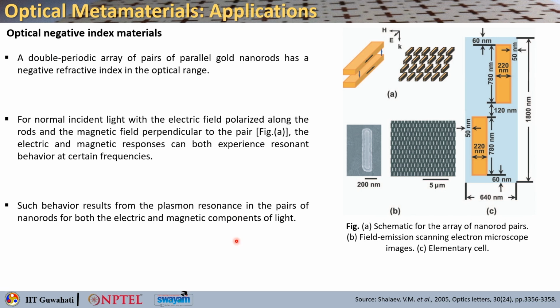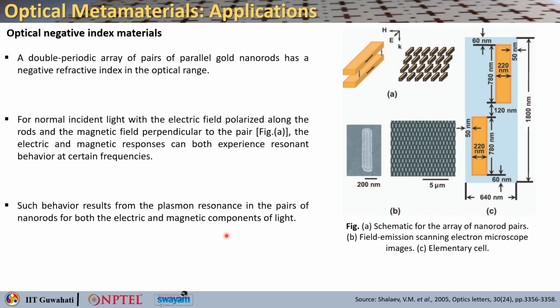Such behavior of having electric and magnetic resonances results from plasmon resonance in the pair of nanorods, giving both electric and magnetic components of light.